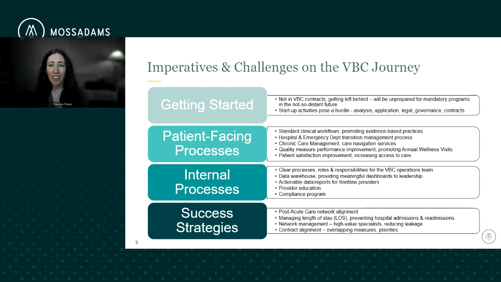So this slide is really about the things that we've seen with our actual clients, them doing and them needing, maybe stumbling blocks along the way, and some of the challenges you might face on this journey. And I would say getting started is really one of the biggest ones. It is a really big hurdle when folks first hear about these models and they say, oh my gosh, we're going to need to do the application.